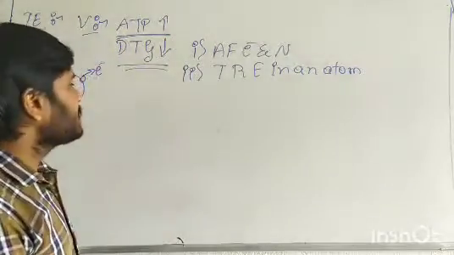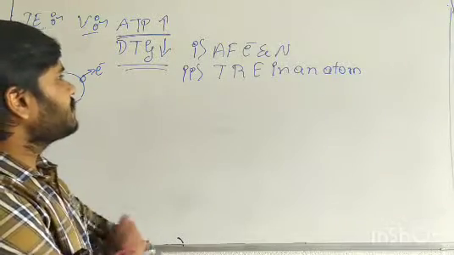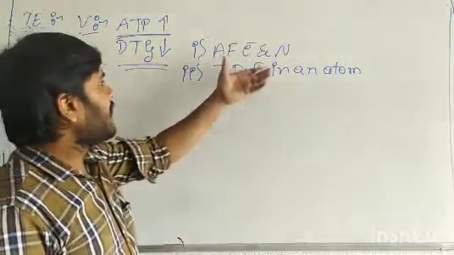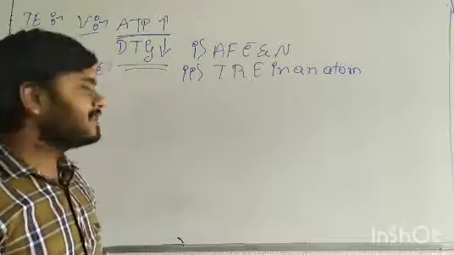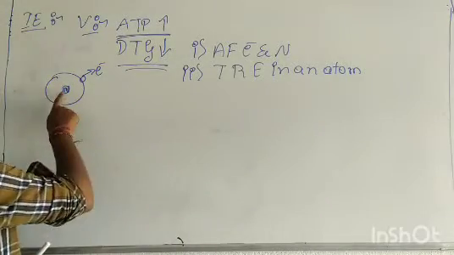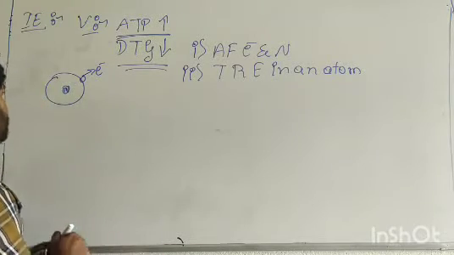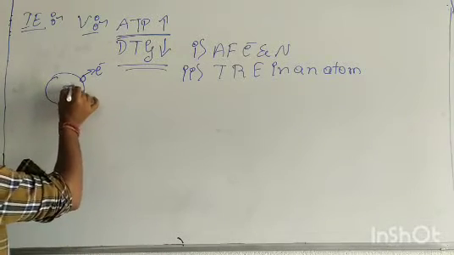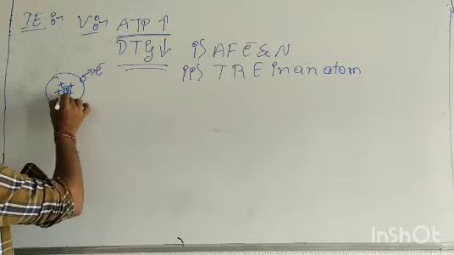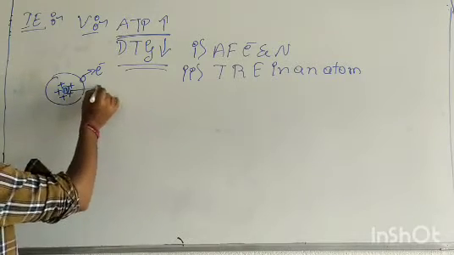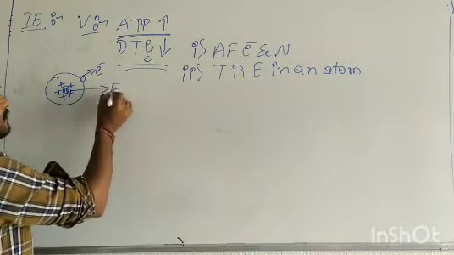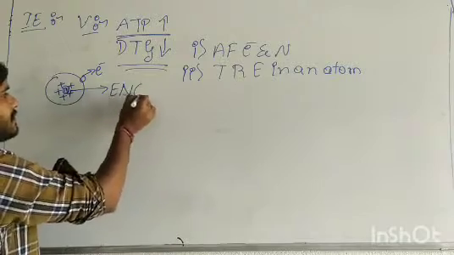First, the attractive force between electron and nucleus. You know that nucleus and electrons are there in an atom, and the nucleus consists of positively charged protons, which we consider as effective nuclear charge.